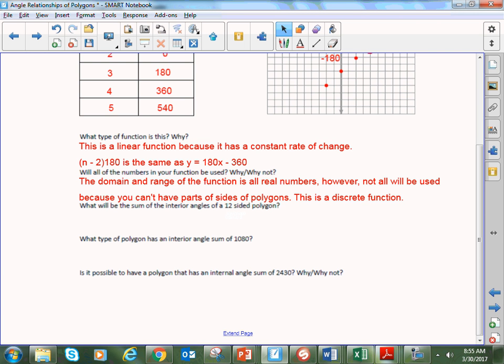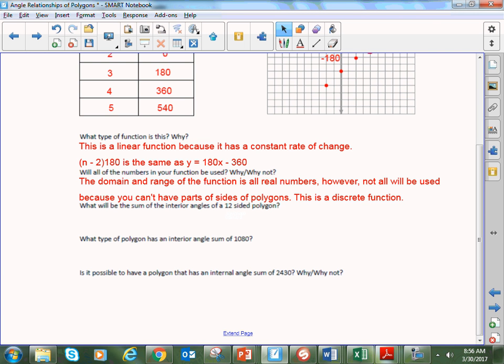And I also cannot use all of the positive numbers because I can't have a polygon that has a portion of a side. I can't have a 2/3 length of a side. So we can only use positive whole numbers for our sides and our angles. That's how we're getting the data here.